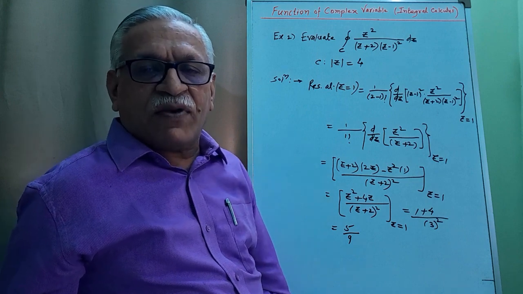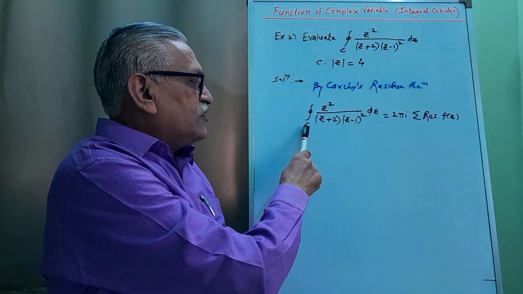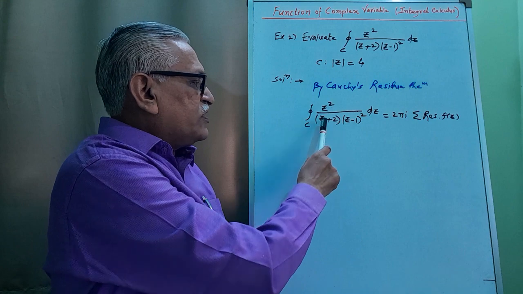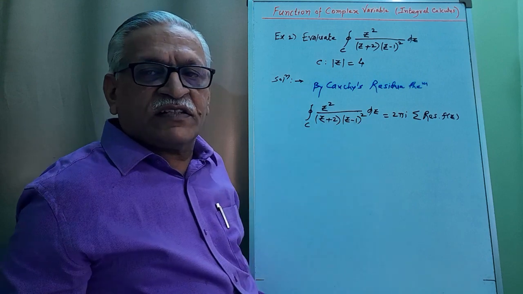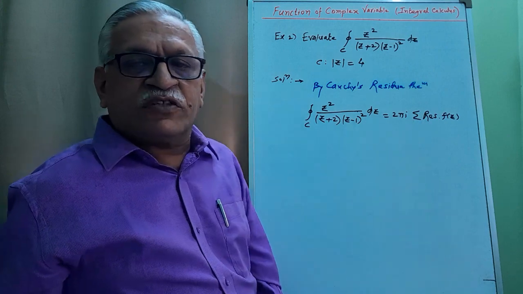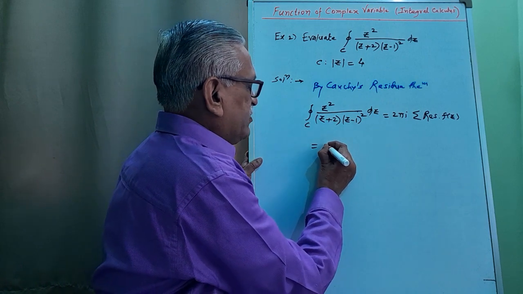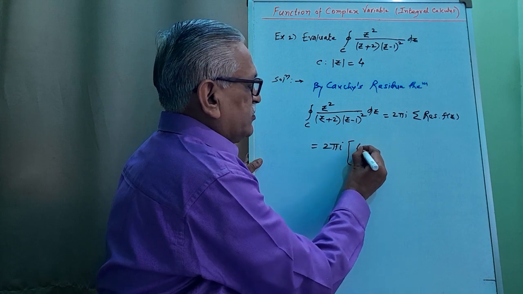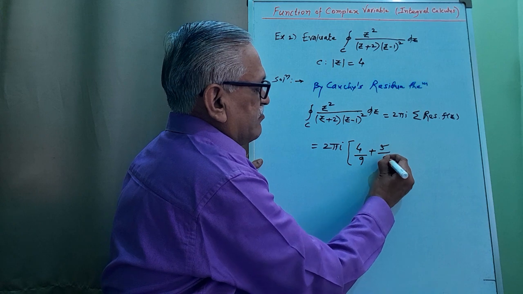And then we apply Cauchy's residue theorem to get the value of this contour integral. The value of that contour integral, integration of z square divided by (z plus 2) into (z minus 1) whole square with respect to z, is equals to 2 pi i into the sum of the residues. And therefore, substituting the values of residue 1 and residue 2, we get 2 pi i. First residue is 4 by 9, second residue is 5 by 9.